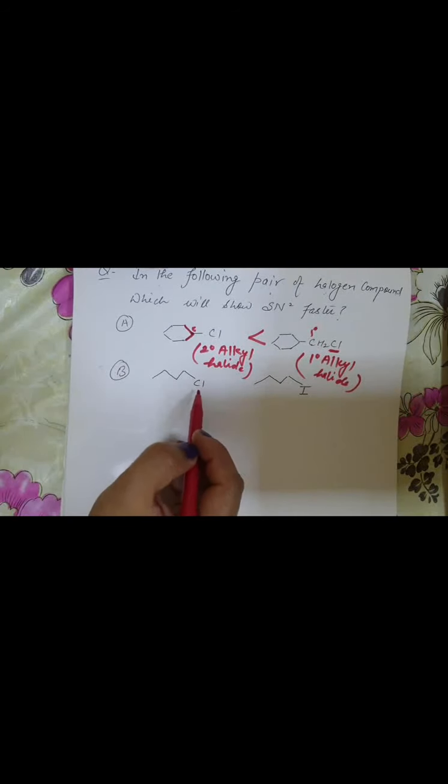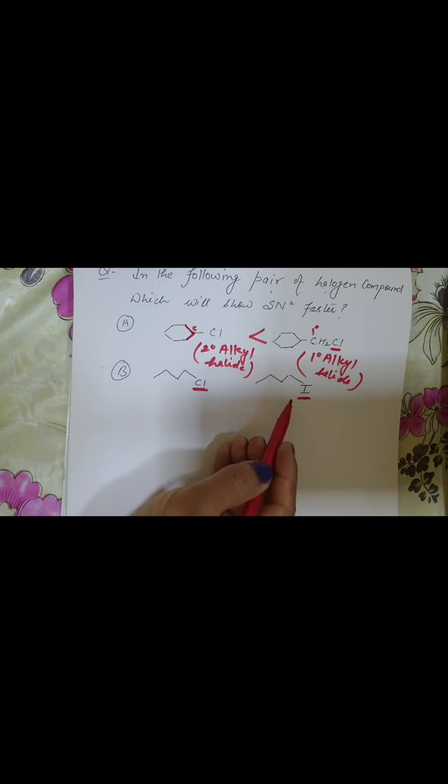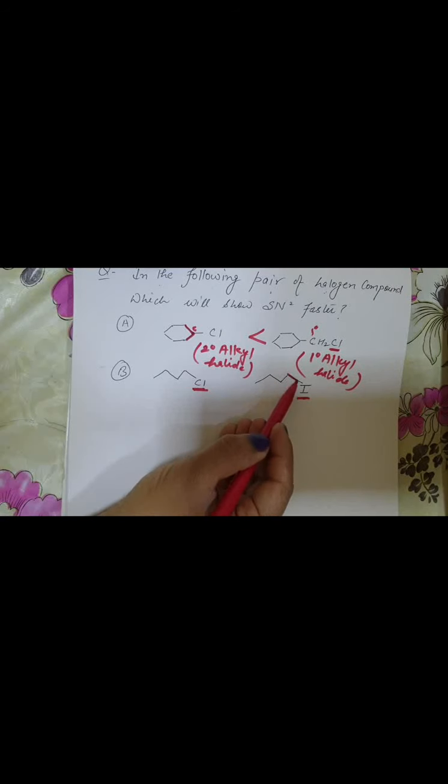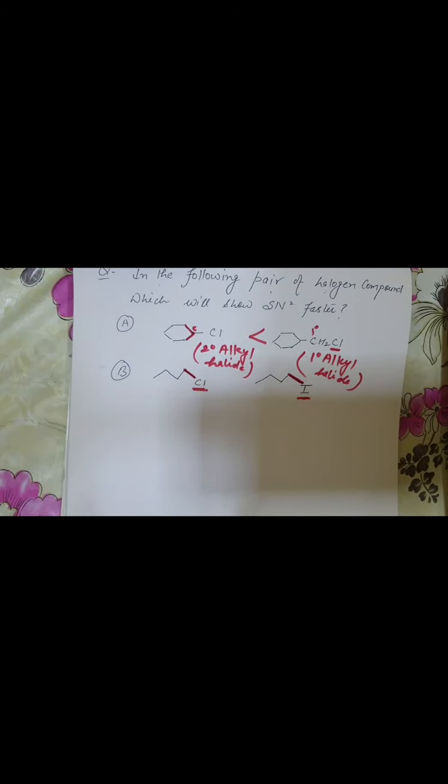In the second part, one leaving group is chlorine and the second leaving group is iodine, and the size of iodine is larger than chlorine. So the bond between iodine and carbon will be weaker in comparison to this bond.